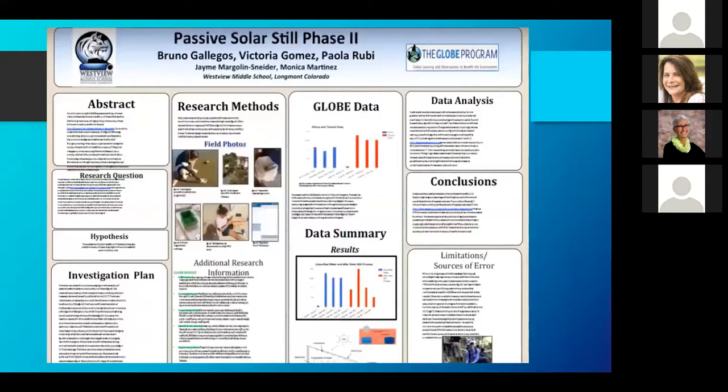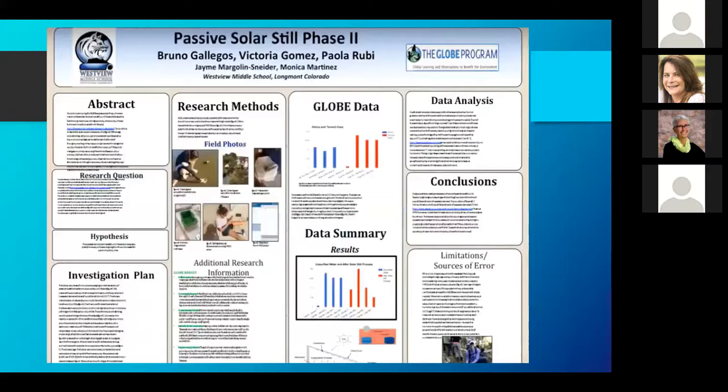So this is an example of what we're looking for in students presenting their story. And on the left-hand side here, you can see that the research question and the hypothesis are separated, and that's fine, to highlight the hypothesis.